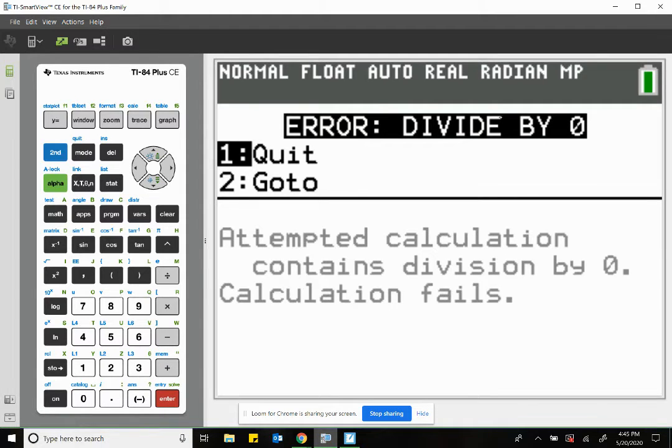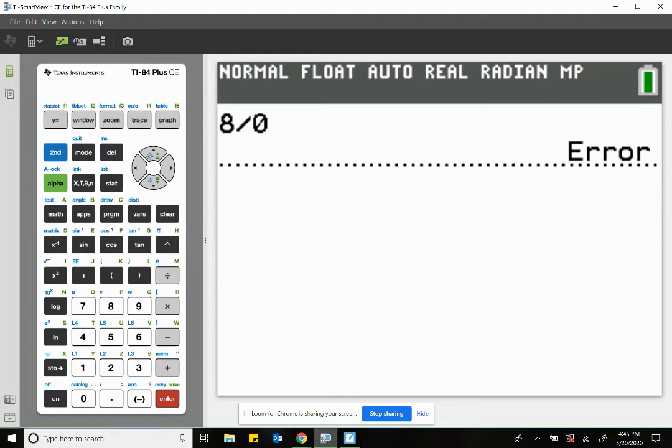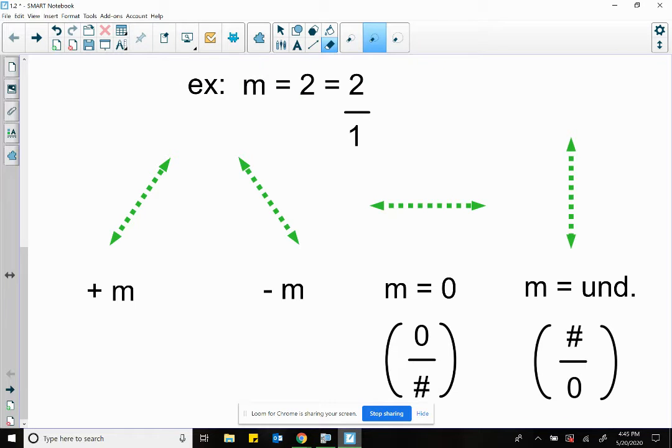Look, error, divide by 0. So if you get an error that says divide by 0, that means your slope is undefined. Okay, we do not divide by 0. Okay, so this is good. 0 divided by a number is 0. This is bad. A number divided by 0 is undefined for us.